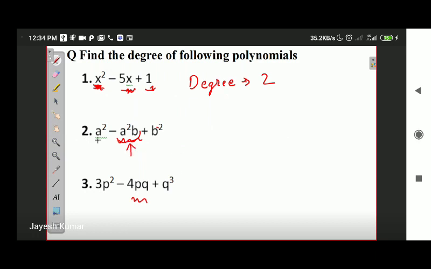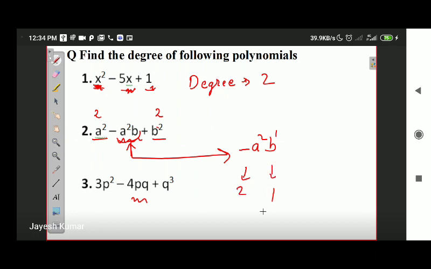For the second part, for a its power is 2, for b its power is 2. If I am talking about the middle part, minus a^2 b, the power of a is 2 and the power of b is 1.